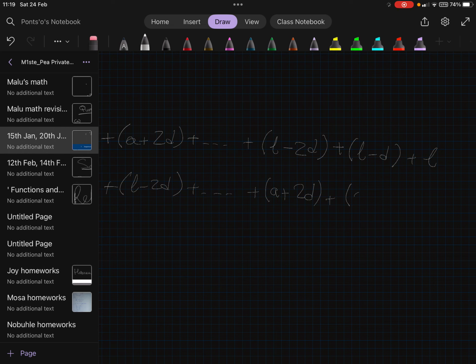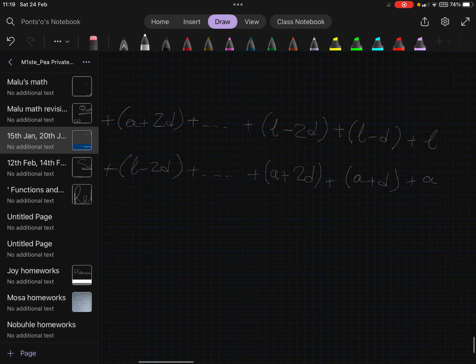Second last term would be first term plus common difference, and the first term would be a.